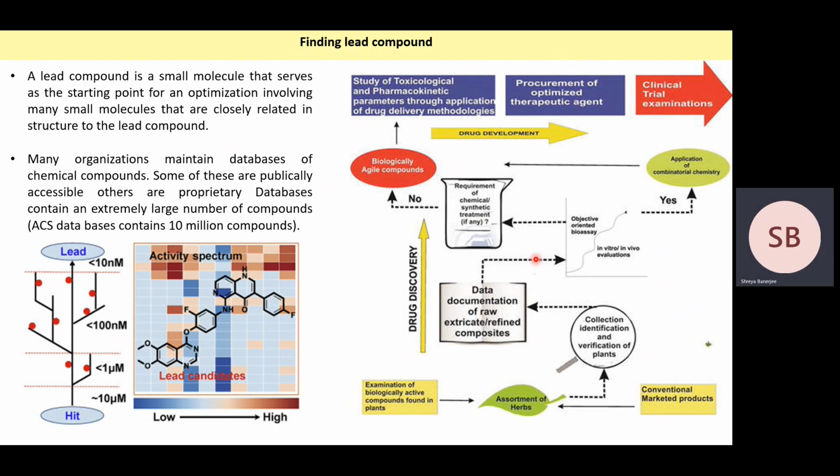Then several in vitro and in vivo studies are carried out, and if any synthetic or chemical modification is required, then that is done to find a group of biologically active compounds. The best of these biologically active compounds is the lead compound, and the lead compound can now be modified in several ways, and its toxicologic and pharmacokinetic parameters studied through application of drug delivery methodologies.